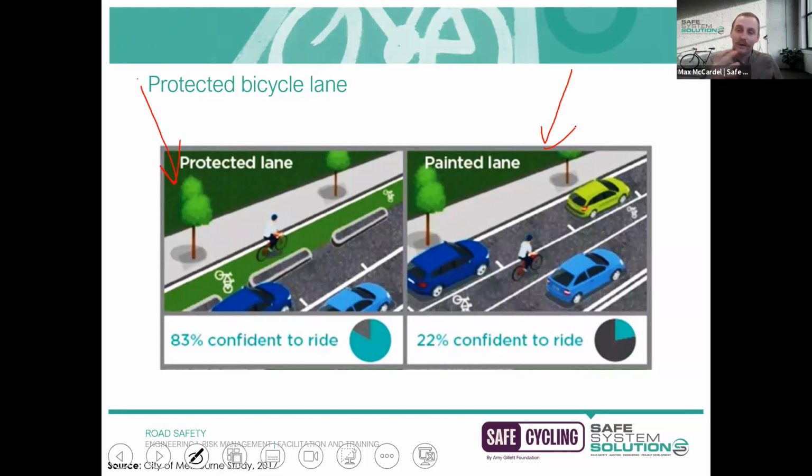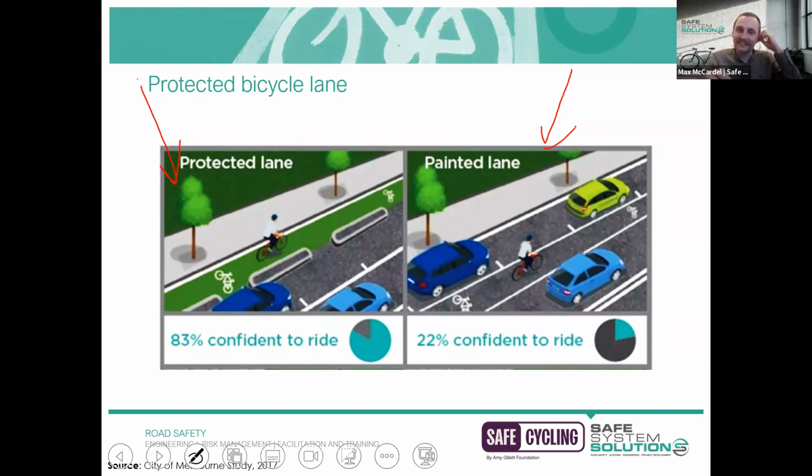So when we are talking about our strategic cycling corridors or our bicycle highways or things like that, at a strategic level, we are thinking about providing safe access for a range of demographics, not just for those that feel super confident. So the kind of rhetoric that's used within this space is designing for cyclists aged between 8 and 80.